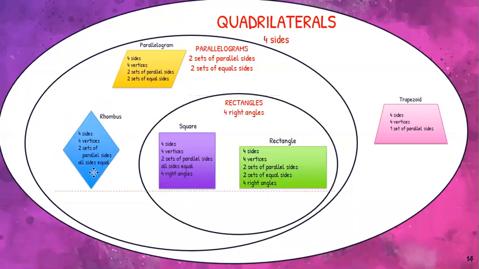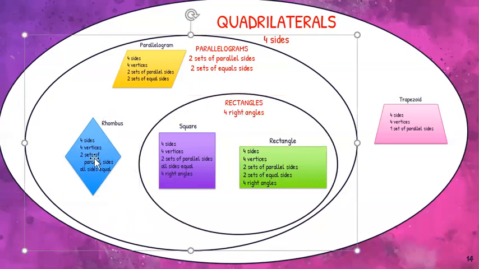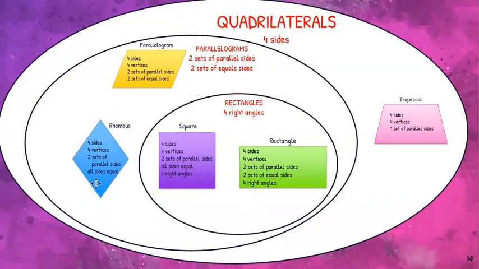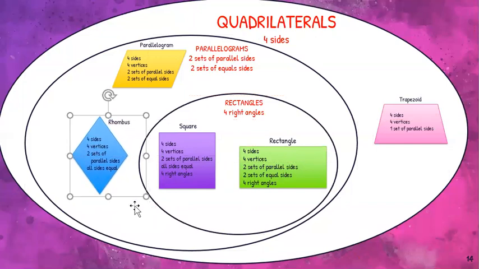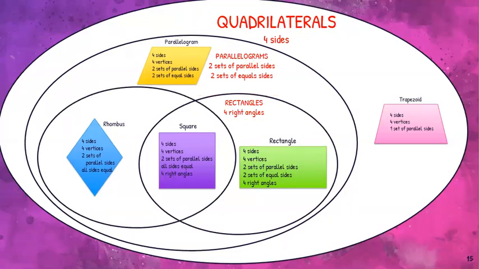So a rhombus and a square have all sides equal. They have that attribute in common, right? So can I group them together? Yes.